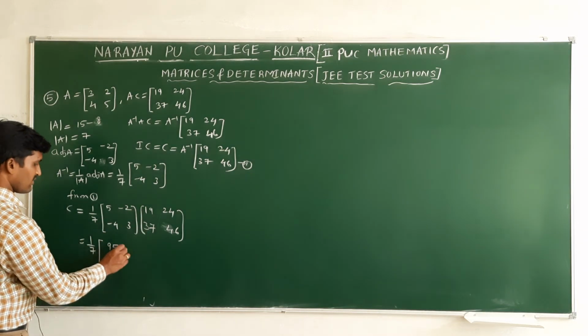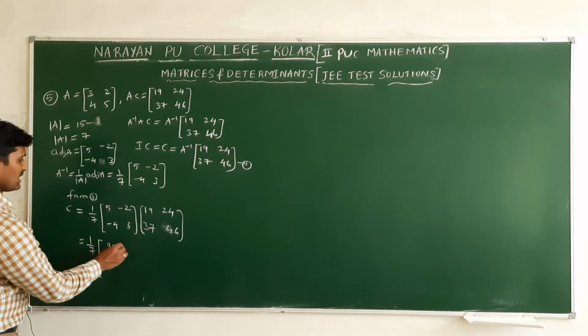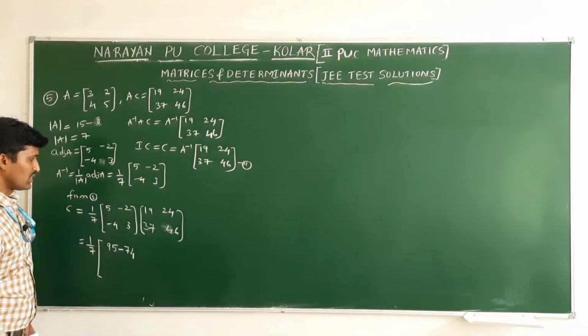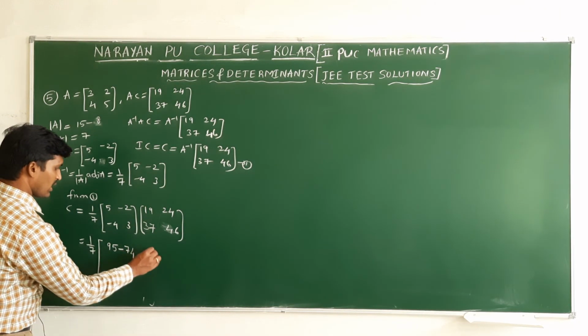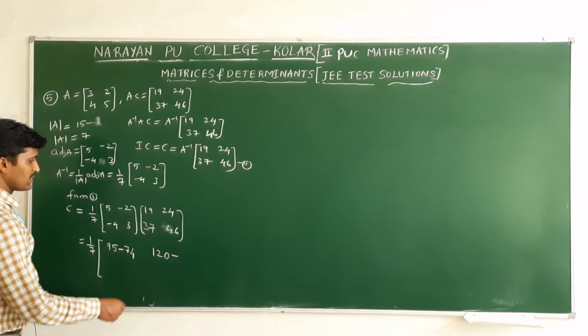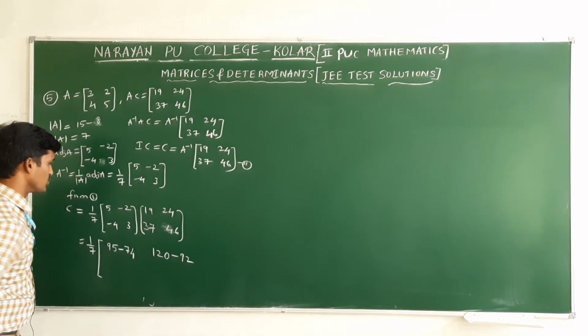Minus 2 into 37, minus 74. 5 into 24, that is 120, minus 2 into 46, that is 92.